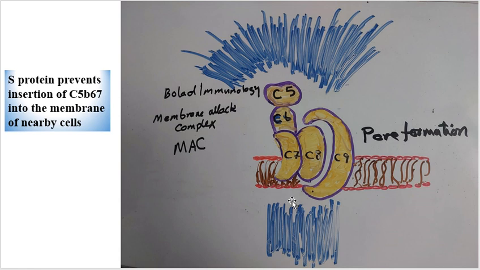Actually, this is the terminal part of the MAC, which starts from C5 to C9, and usually this terminal part removes phospholipids and leads to formation of holes or pores. So S protein prevents insertion of the terminal part of the membrane attack complex, just to save the nearby host cells.